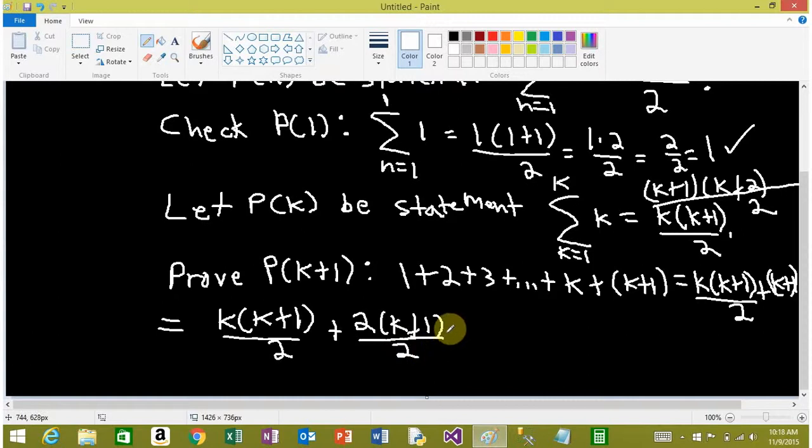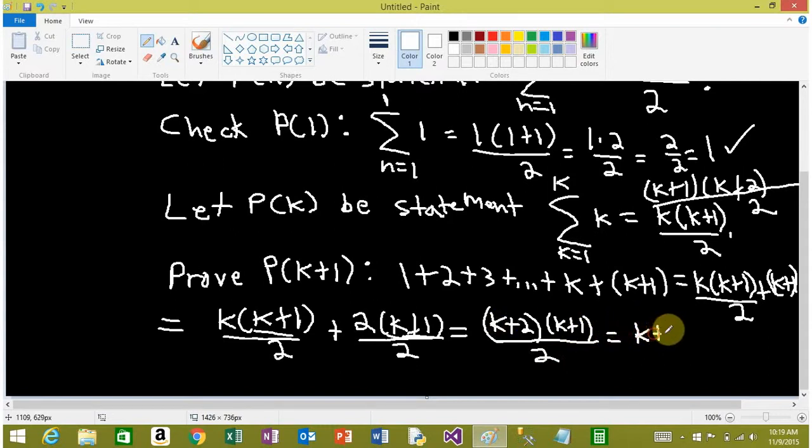And then all we need to do is add the fractions together because we have a common denominator now, and when we add k plus 1 here, these are like terms, we're going to get k plus 2. So this will be k plus 2 times k plus 1 over 2. And then we can just reorder this.